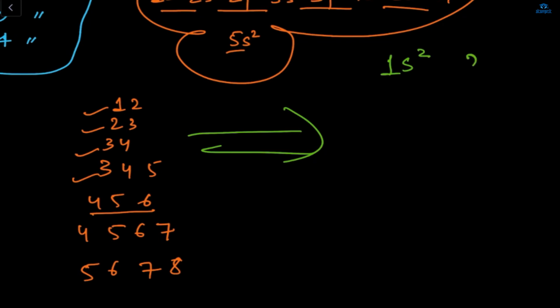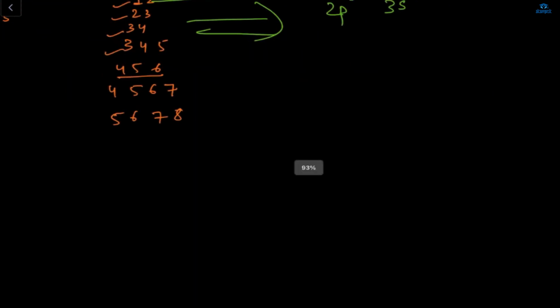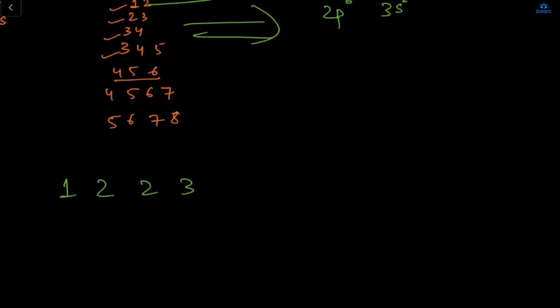1s2, 2s2 for this one. Now 2 and 3 will be s and then p will be 6, s will be 2. Okay, or let me write this order first: 1, 2, 2, 3, 3, 4, 3, 4, 5. Remember this order: 4, 5, 6, then 5, 6, 7, 8.